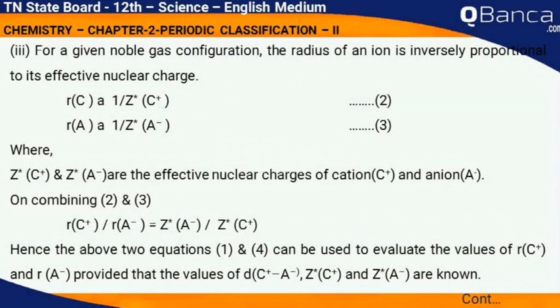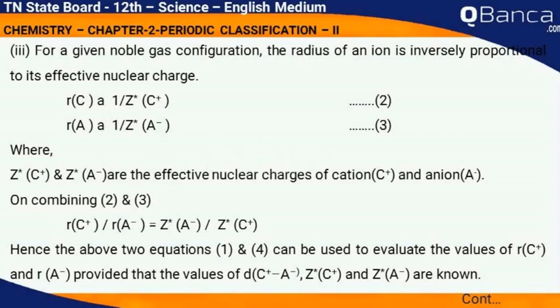For a noble gas configuration, the radius of an ion is inversely proportional to its effective nuclear charge. R of C+ is proportional to 1 by Z star of C+, R of A- is proportional to 1 by Z star of A-, where Z star of C+ and Z star of A- are the effective nuclear charges of cation C+ and anion A-.